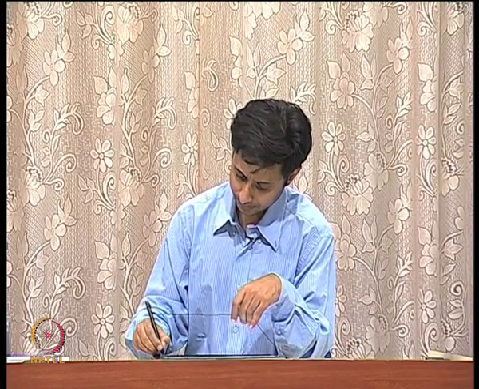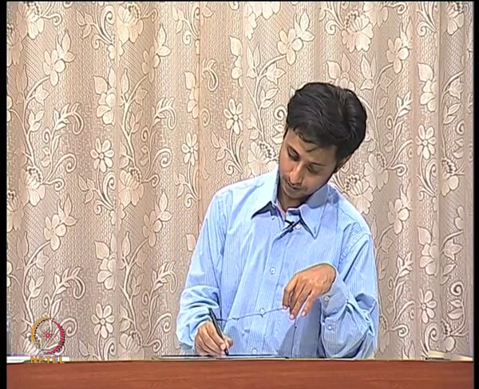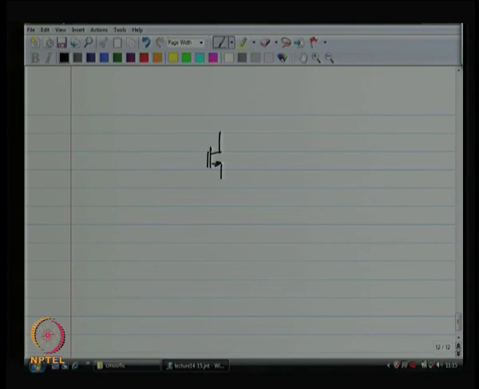So, in our earlier lecture, we were working with a MOSFET, and I had asked you to assume the following small signal parameters to start with.